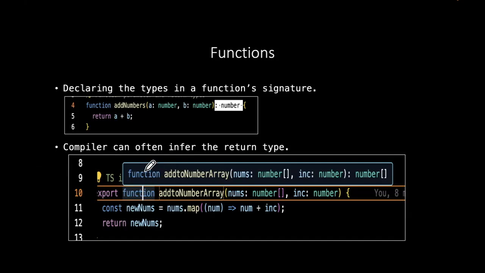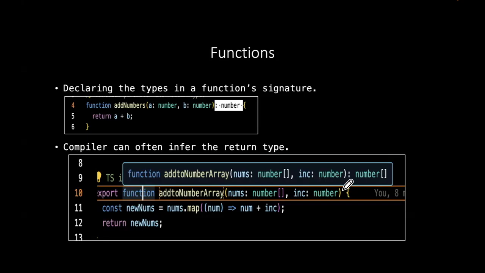So if we look at this example here, I'm passing in an array of numbers. The function is mapping over the array, and it's just doing a simple arithmetic operation. So that would mean that what's returned here is also an array of numbers.